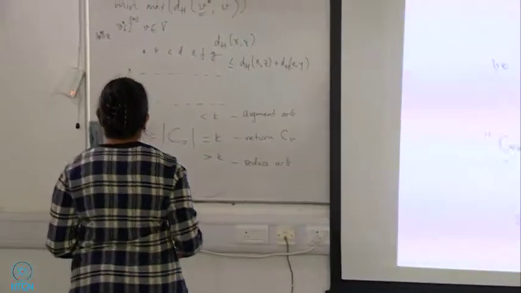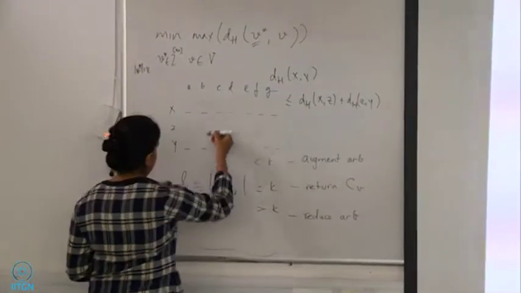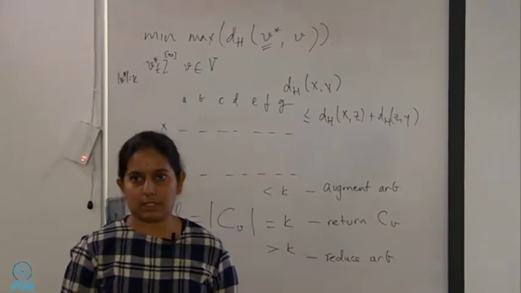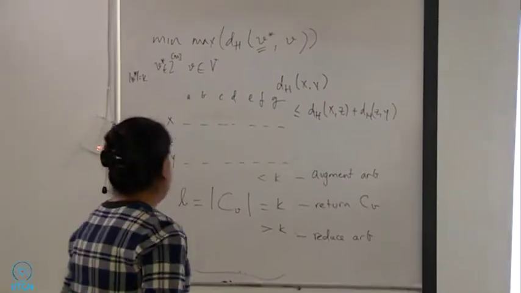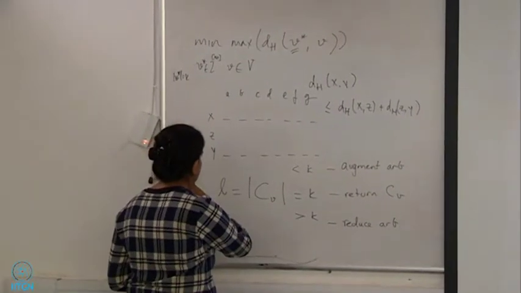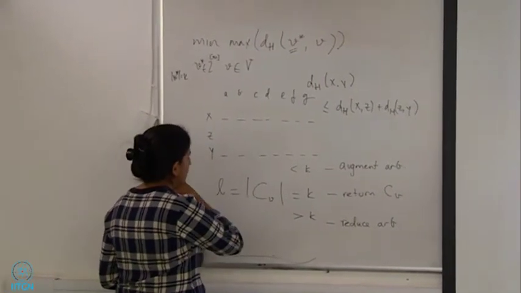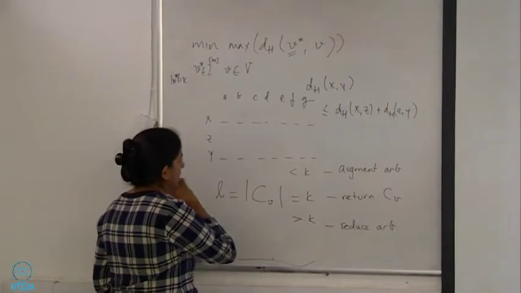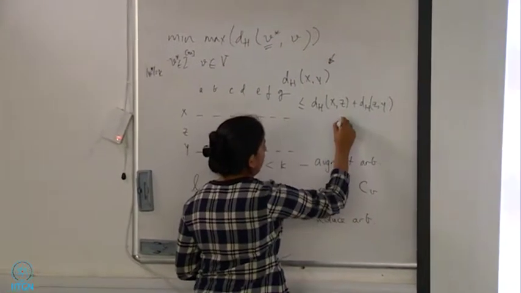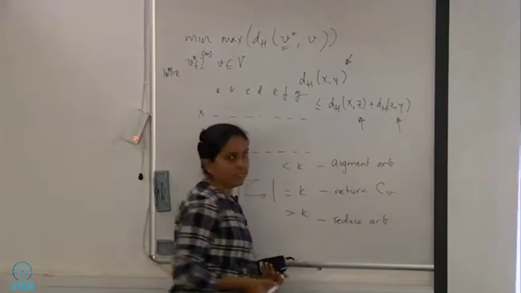It's only when you have a 0 here and a 1 here, or a 1 here and a 0 here, that you have a problem, and that contributes to the Hamming distance, right? So I would argue that anything that contributes here contributes either here or here. Is that clear?